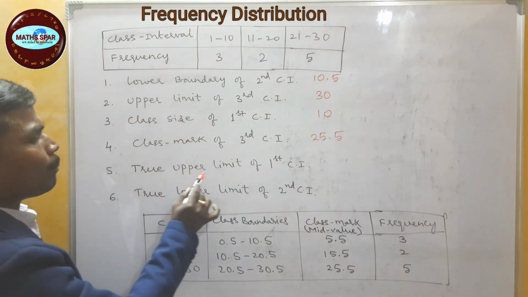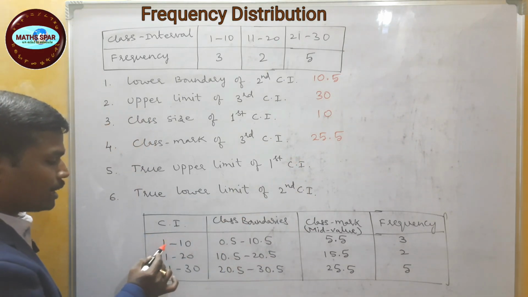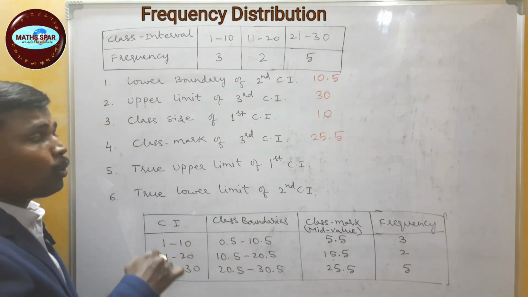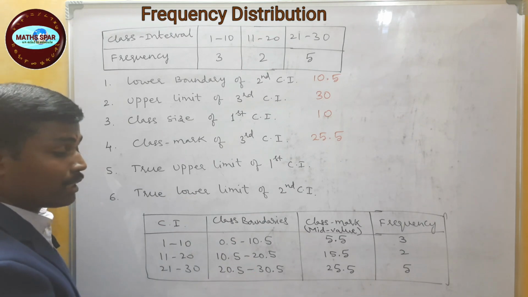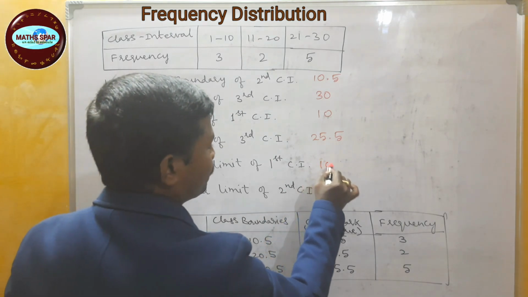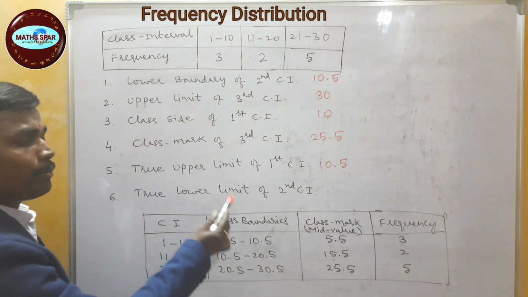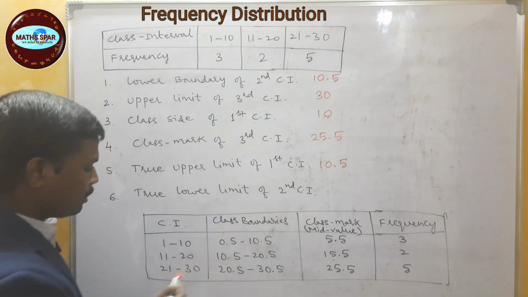Next, the true upper limit of the first class interval. The first class interval is 1 to 10. The true upper limit is nothing but the upper boundary, which is 10.5. Then the true lower limit of the second class interval.